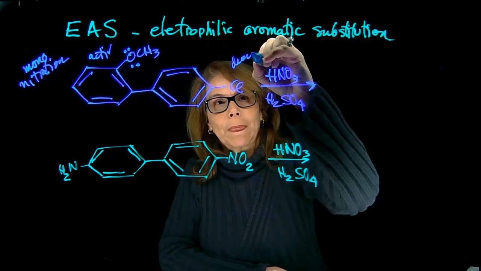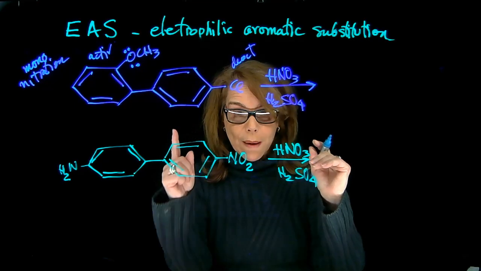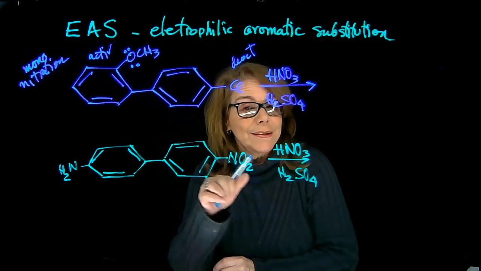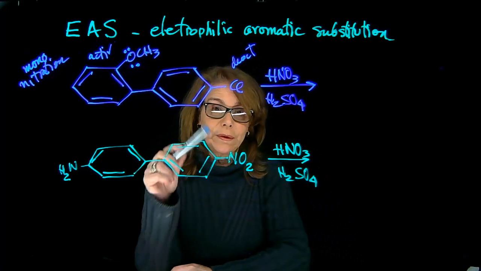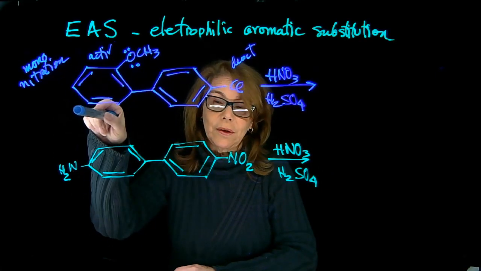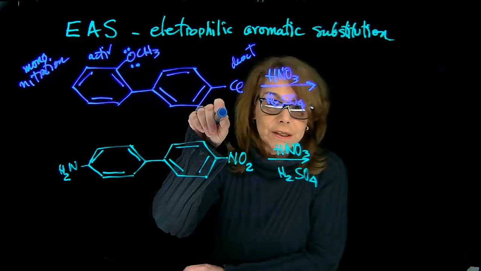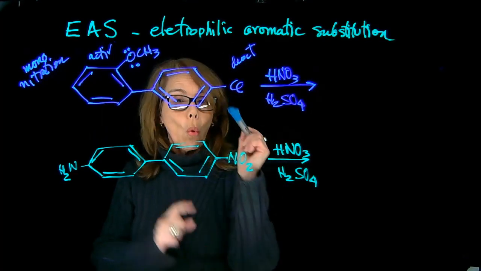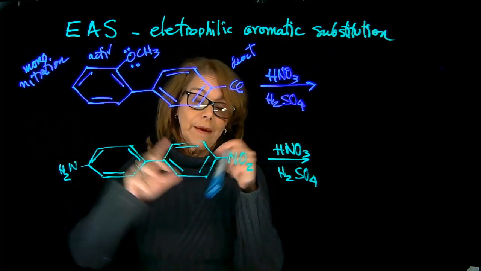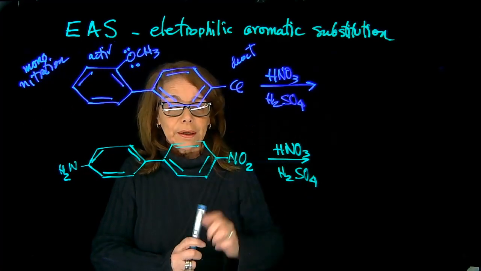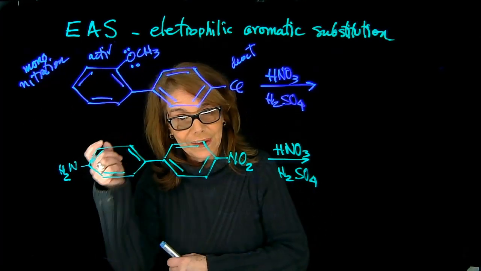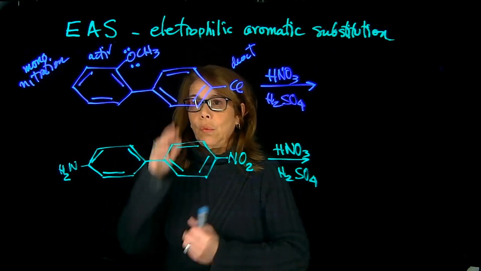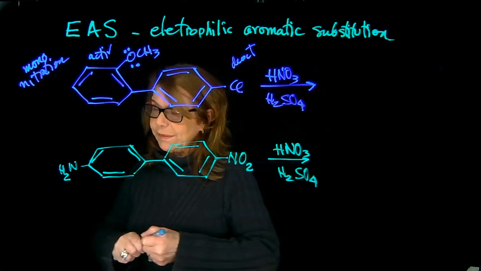If you have just one position to nitrate, you need to pick the place that is most reactive. So it's going to happen in this ring because this ring is activated versus this aromatic ring that is deactivated. Again, one position only because it's a mononitration, so you need to select the ring that is most activated. Then we analyze where we install it.